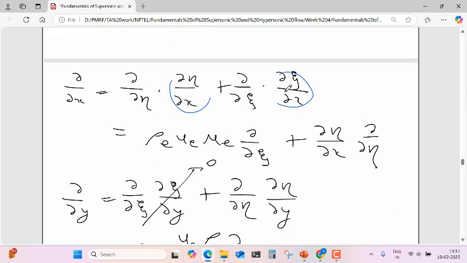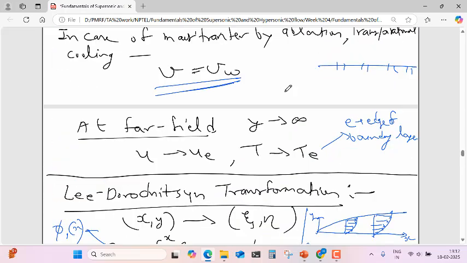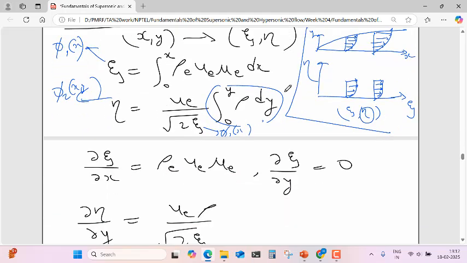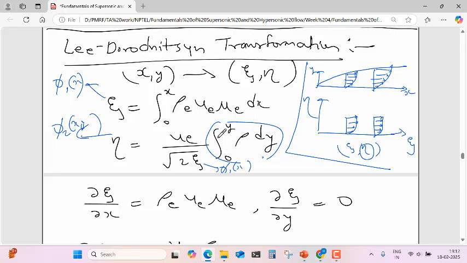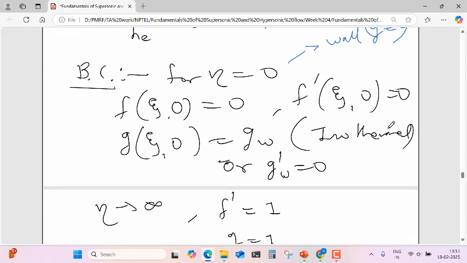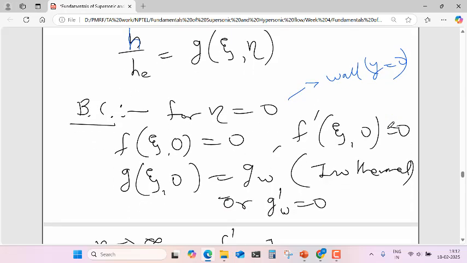If we see from here also, at y equal to 0, this limit will be from 0 to 0, so we will get 0 only, eta equal to 0. So at wall y equal to 0, f(xi, 0) equal to 0 and f dash(xi, 0) equal to 0.